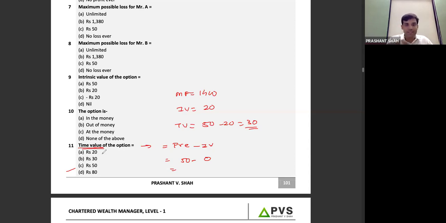When an option is in the money, certainly the premium would go up, right? So it cannot be 50 in both cases. But this is just a mathematical thing I've explained. So assume that it is still 50, then the time value would have been 30.